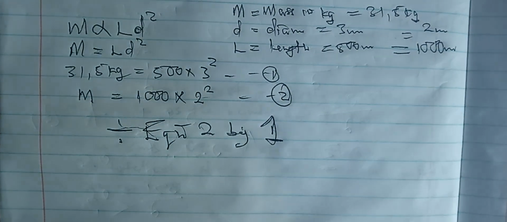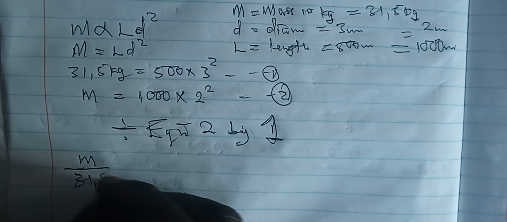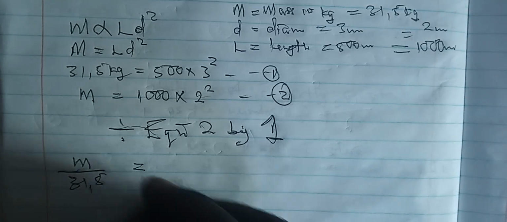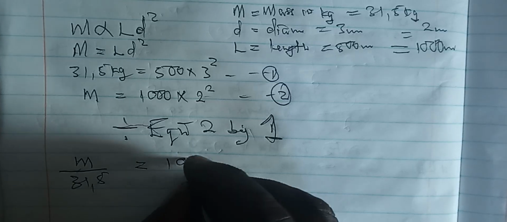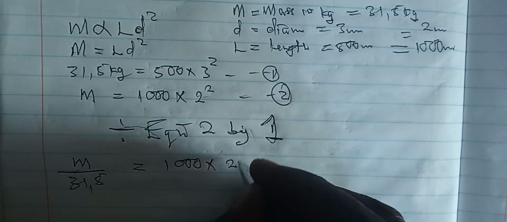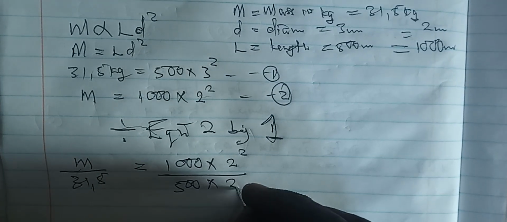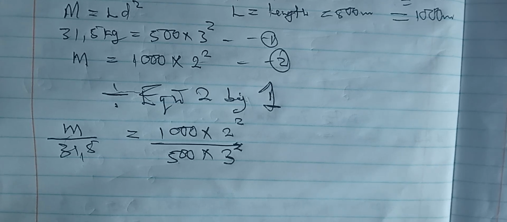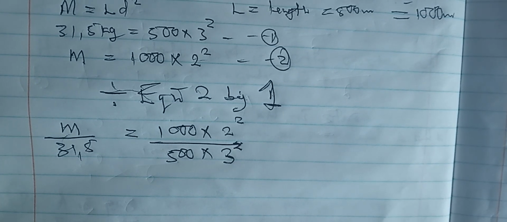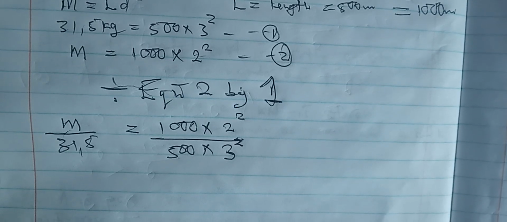So by dividing, we are simply going to have M over 31.5 kgs is equal to 1000 multiplied by 2 squared over 500 multiplied by 3 squared. So these equations, we simply formulated them so that we can find the mass which is required.